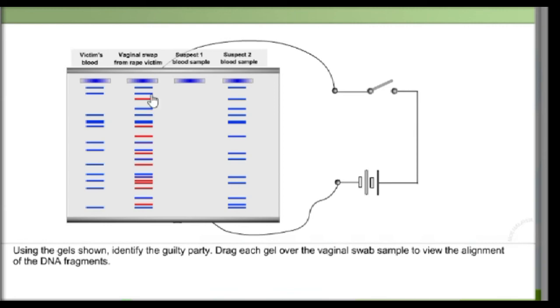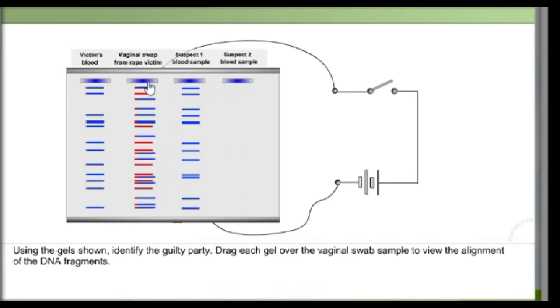So we test suspect 2. There is more matching and little not matching. So I know you can guess it. Who is the most suspected?